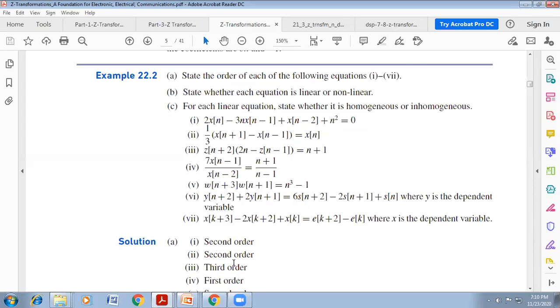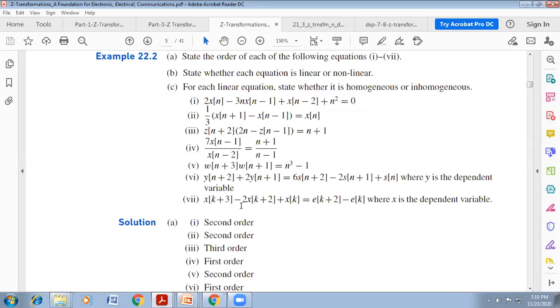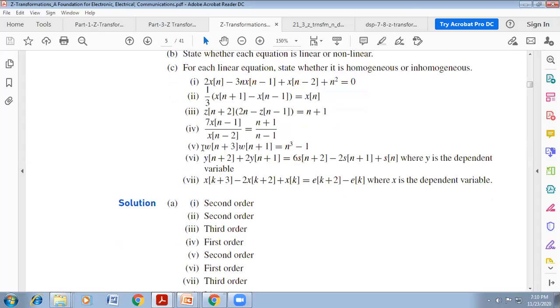Difference is 3. In 4, highest is n plus 1; now this is the constant term actually. That means n minus 1 highest and lowest n minus 2. Difference is only 1, that means first order. In 5, highest is n plus 3 and lowest n plus 1. So the difference is only 2, second order.